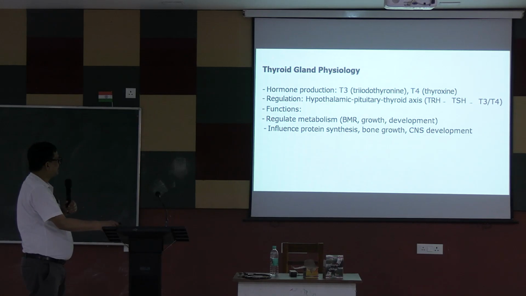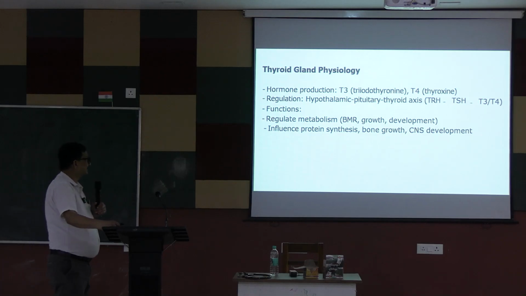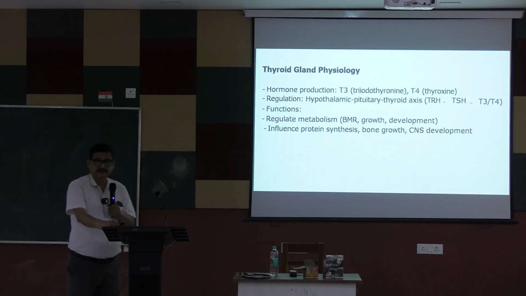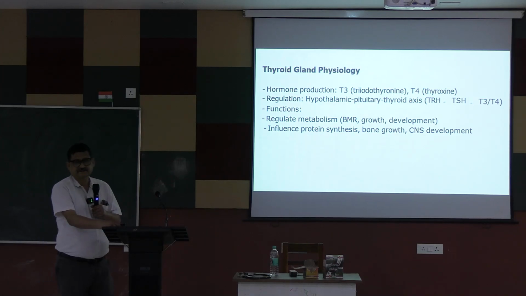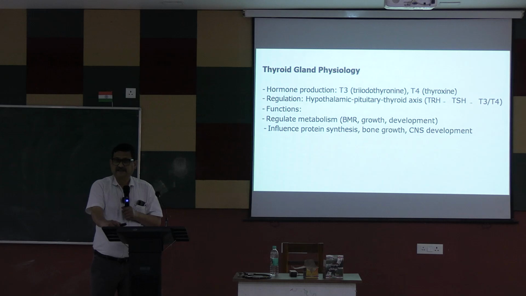Regulation is controlled by the hypothalamic-pituitary-thyroid axis: TRH, TSH, then T3, T4. This axis is very important because hypothyroidism is a gross term. There are three types: primary, secondary, and tertiary hypothyroidism.